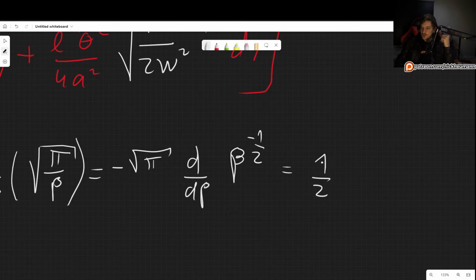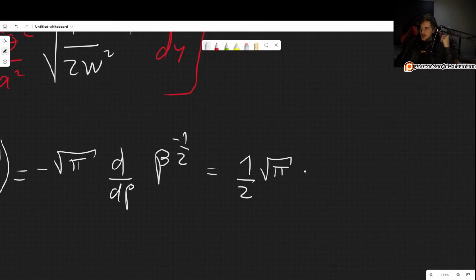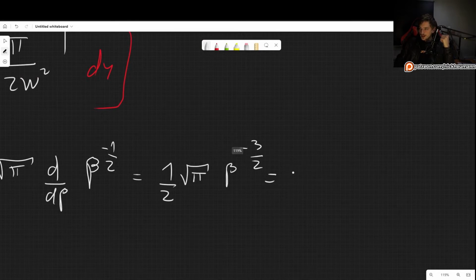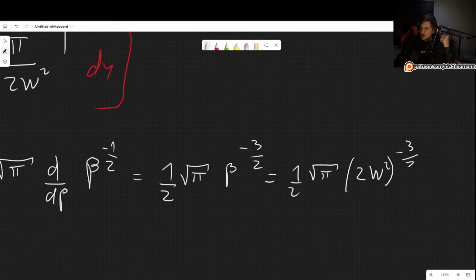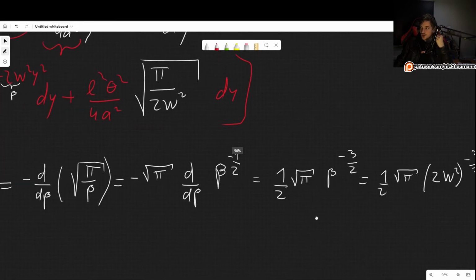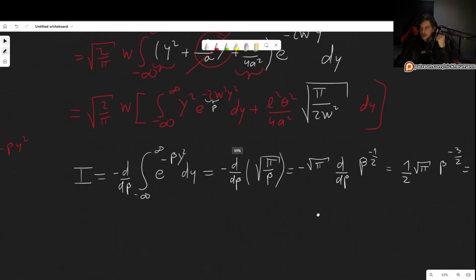So we get positive 1/2 square root of pi, and then beta to the minus 3/2. But what was beta? Beta was 2w squared. So this is to the minus 3/2. So that is the result of that integral.